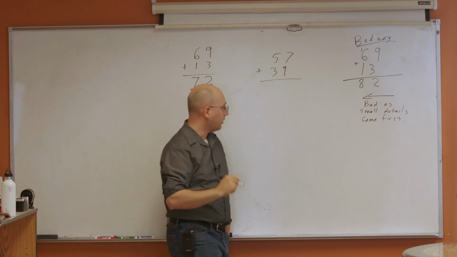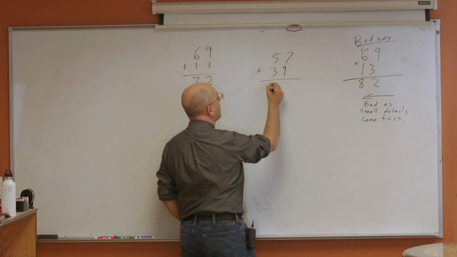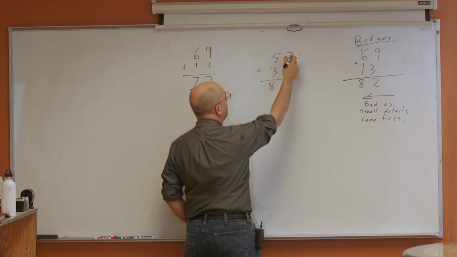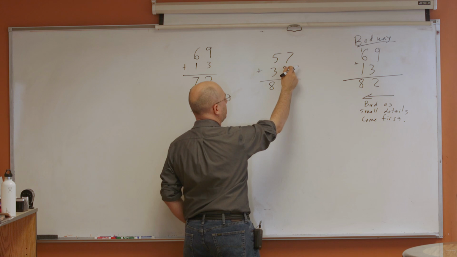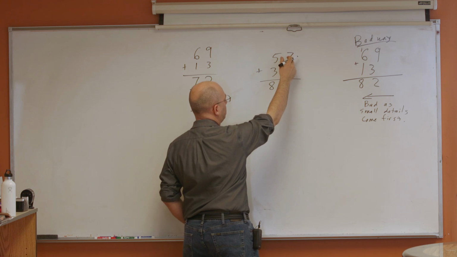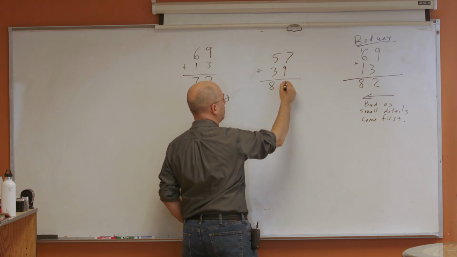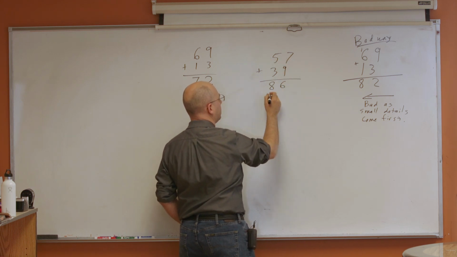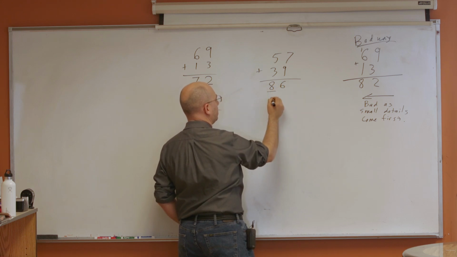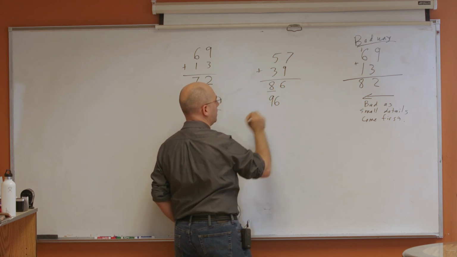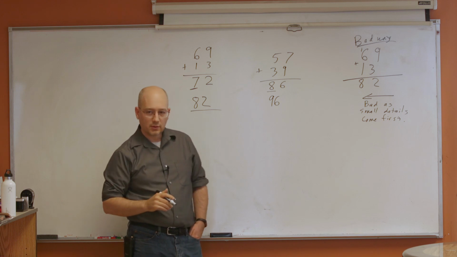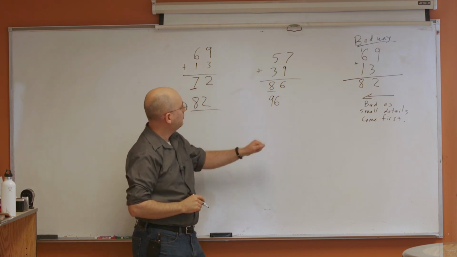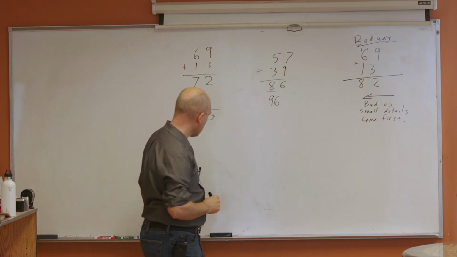Left to right. 8, and then you've got the 7 and the 9. The 9 is just one off from 10. So 10 and the 7 becomes a 6, so that's 6 with 1 left over. So it's 86 plus 10, 96. All right, so left first and then right.